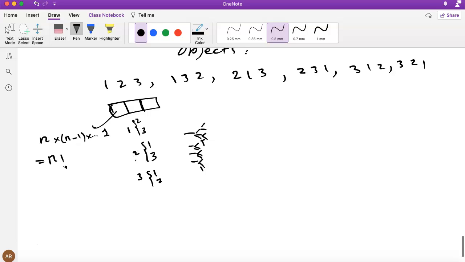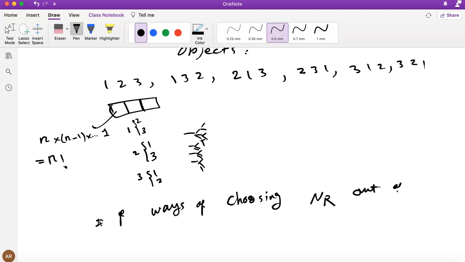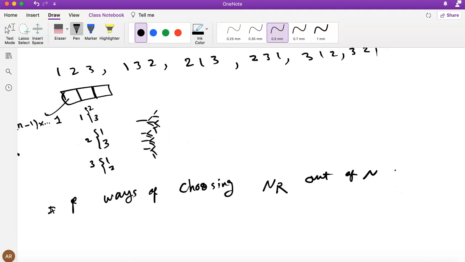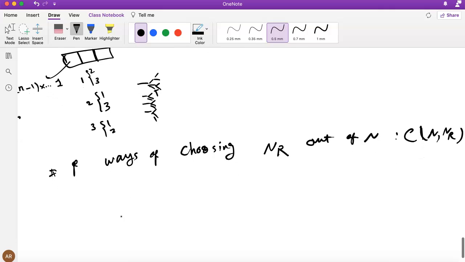Okay, I have another way of thinking about this. Let's say the number of ways of choosing n_r out of n. Let's call this C of n and n_r.